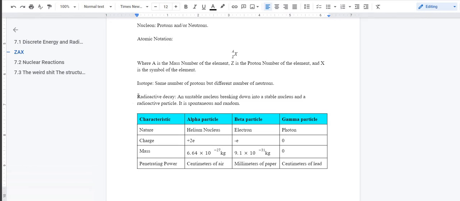Next up, we have radioactive decay. Radioactive decay is an unstable nucleus breaking down into a stable nucleus and a radioactive particle. This is a spontaneous and random process. I don't think the IB needs you to know why certain atoms are unstable and need to radioactively decay, but I guess it's pretty simple, so I'm just going to say it anyways.